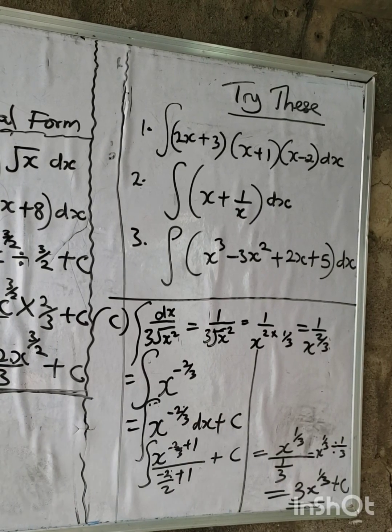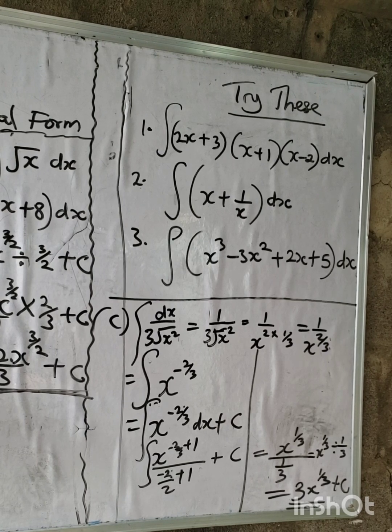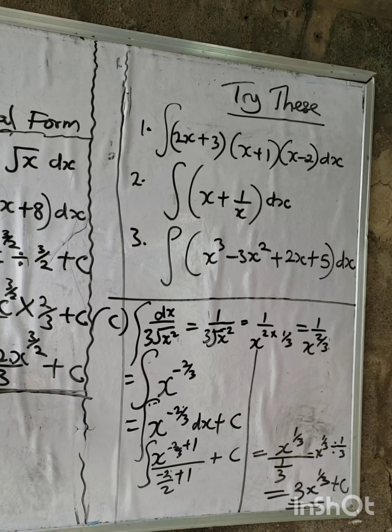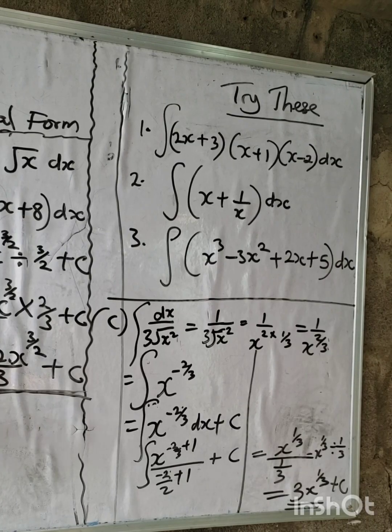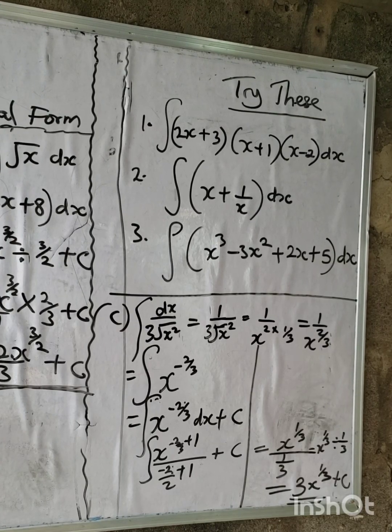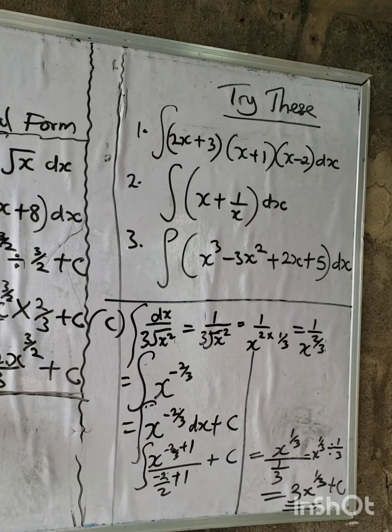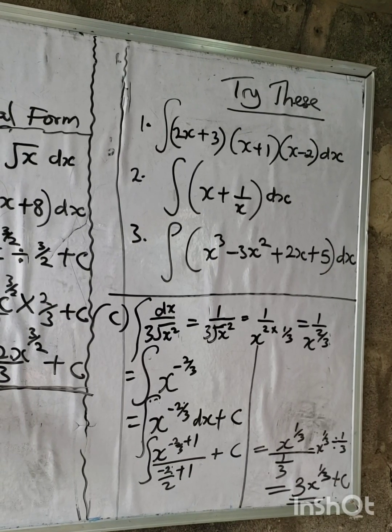D. The question is the integral of 2x raised to power 2 plus 3x plus 8 dx. This one we just integrate. This is 2x squared dx plus 3x dx plus 8 dx plus c.